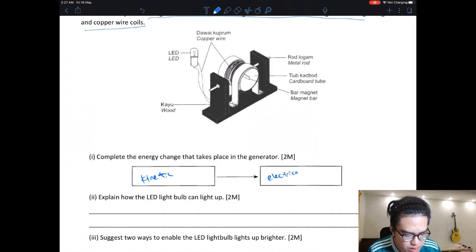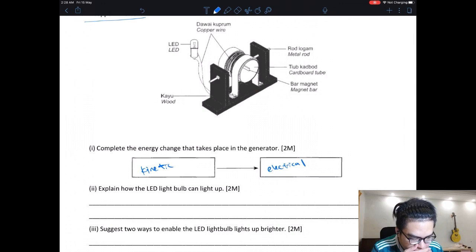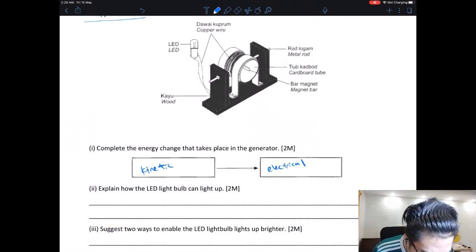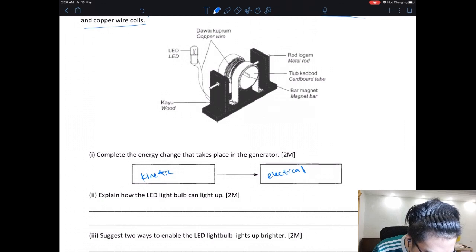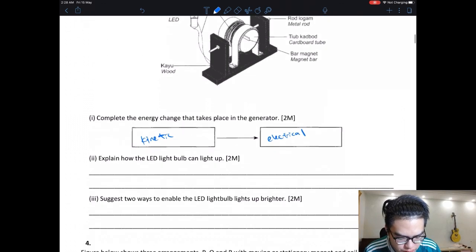Explain how the LED can light up. So what can you do? Not too sure what this is. You can rotate the magnet. I don't think you can rotate the wire here.